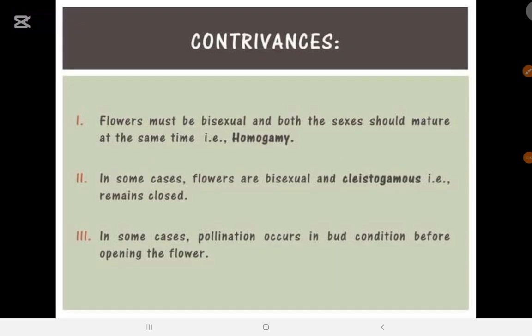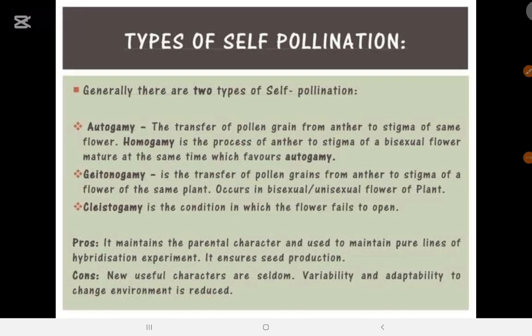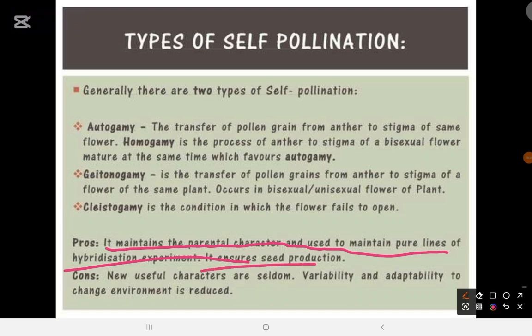Now, what are the advantages? The advantage of self-pollination is that it maintains the parental character, is used to maintain pure lines in hybridization experiments, and ensures seed production.